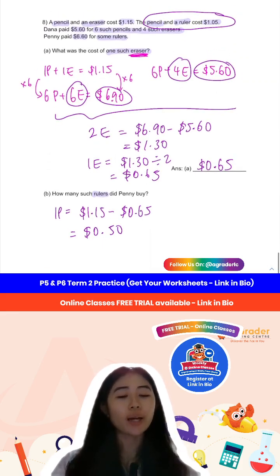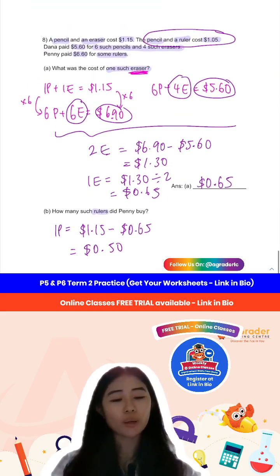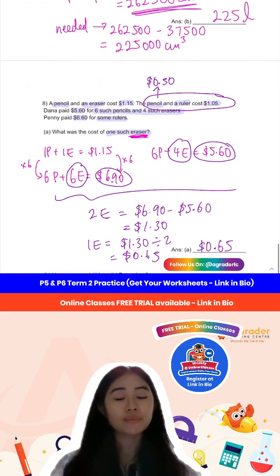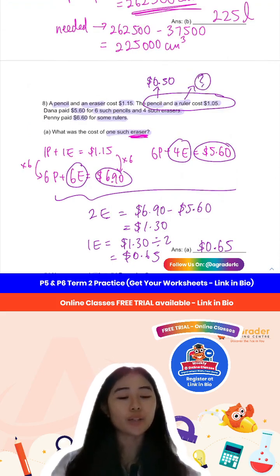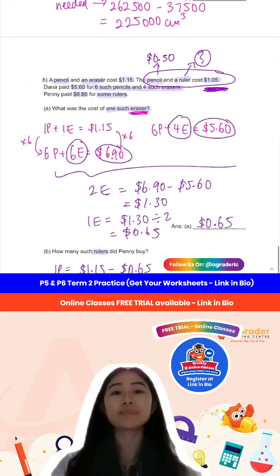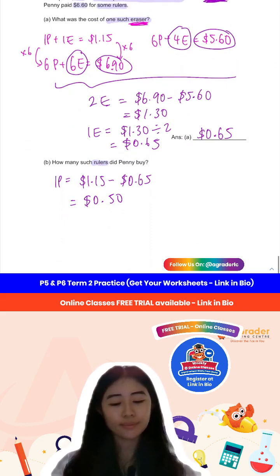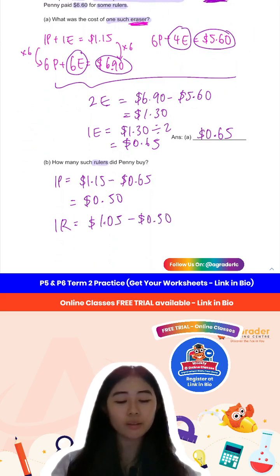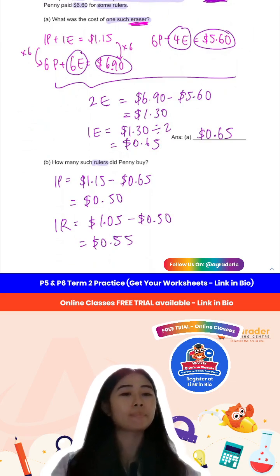Okay, so now that I know what one pencil is, one pencil over here is 50 cents. So then I'm able to find out the ruler by using $1.05 minus the pencil. Okay, so let's do that. $1.05 minus 50 cents, you get 55 cents. Yeah, so each ruler is 55 cents.